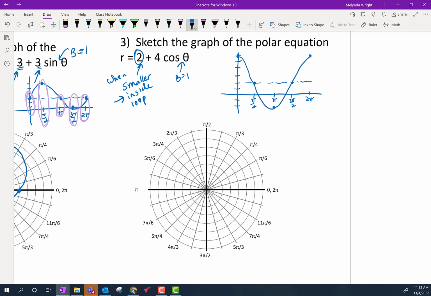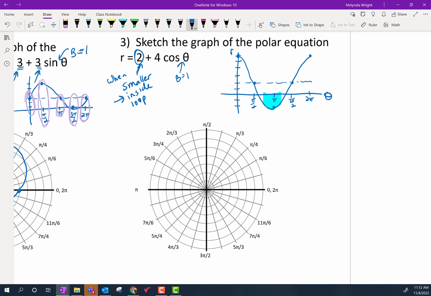So on this particular Cartesian graph, this part right here that drops underneath the x-axis, but for us this is actually our theta axis, that's an indication that I have an inside loop with a problem like this.